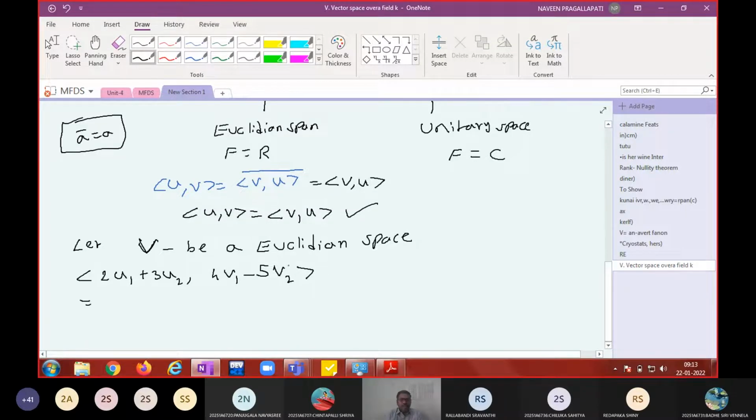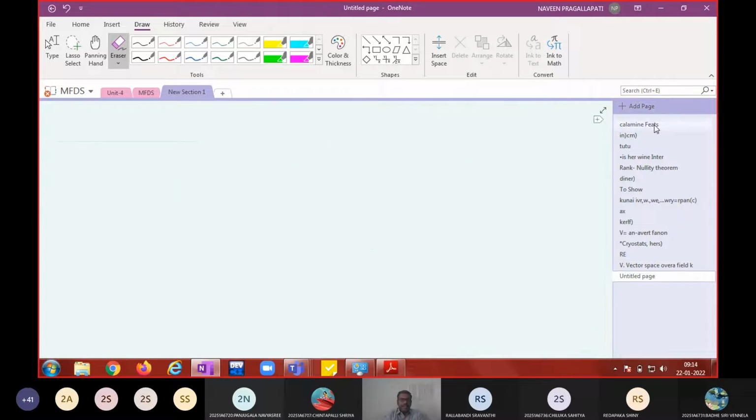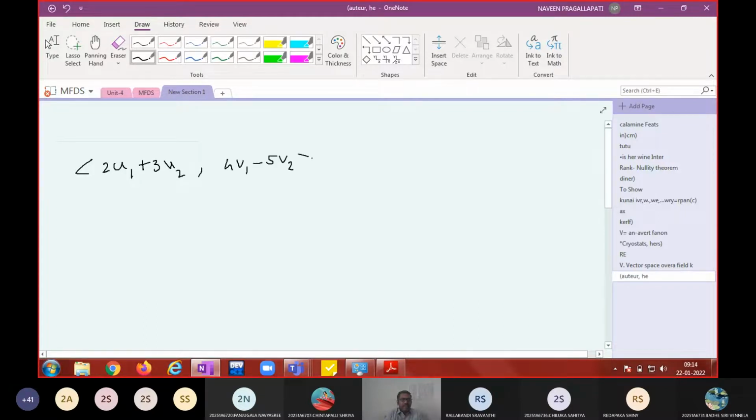This is nothing but, I will take the next page. So something like this, you take an example. If you want to find out the inner product of 2u1 plus 3u2 with 4v1 minus 5v2, how do I find out the inner product of this?